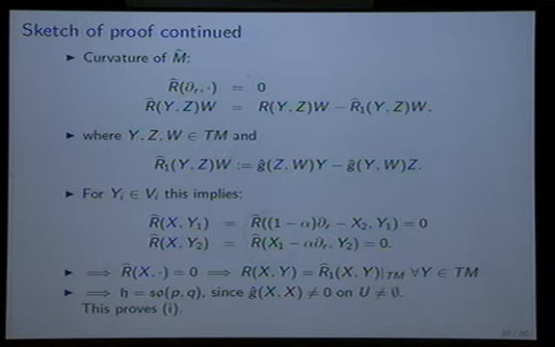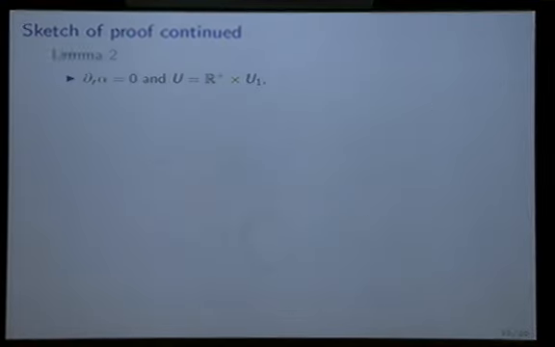Then to obtain this decomposition as a double warped product, we need a little more. So I continue here. I summarize now some facts which are useful and are ingredients of the proof.